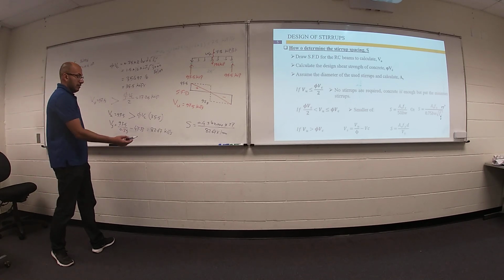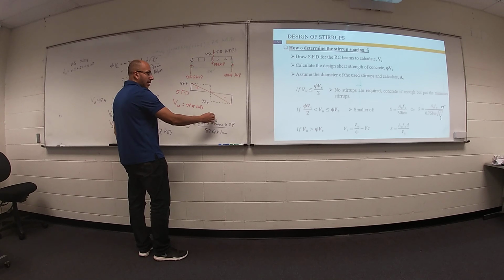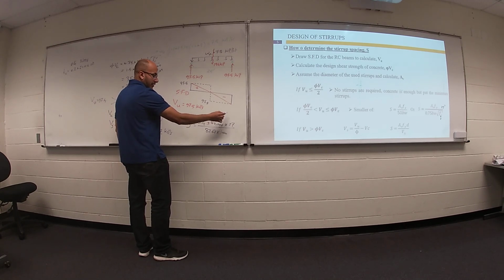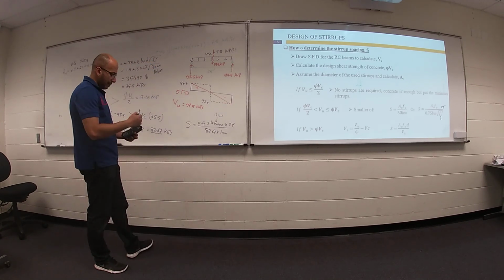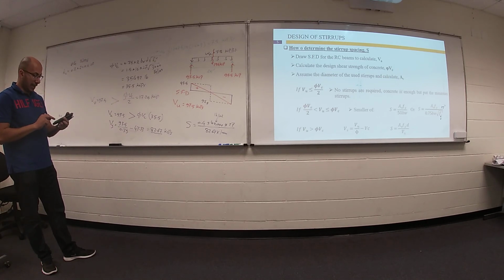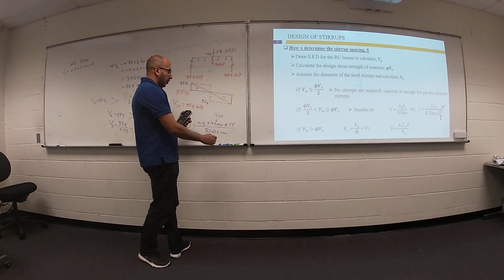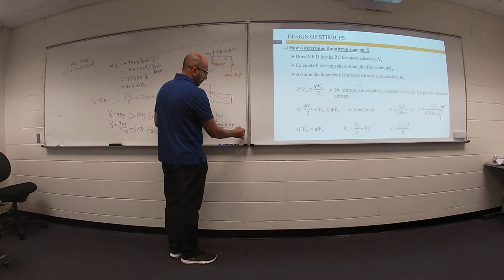You return it back, because this one is in kip and you used 40,000 in pound per inch square, so we need to make your unit consistent. So 0.4 times... your S will be 5.2 inch.